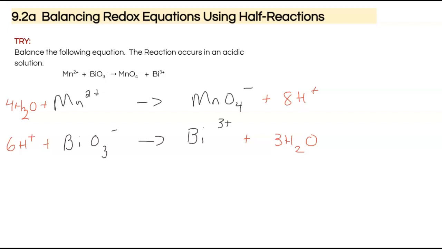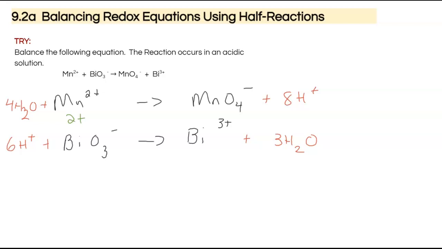Now I'm going to go about balancing my charges. I'm going to add up all the charges on the product and reactant sides and then add enough electrons to balance things out. Over on my reactant side here, I have 4 at neutral and 1 at 2 positive. So overall, I have a 2 positive charge on my reactant side.